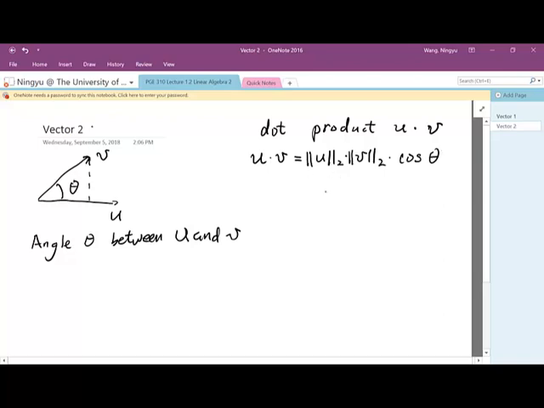Here you notice that I used the L2 norm, because the L2 norm is really the default norm we use to measure length in most of the spaces we use. But usually we just abbreviate. We write u dot v equals the norm of u multiplied by the norm of v multiplied by cosine theta.